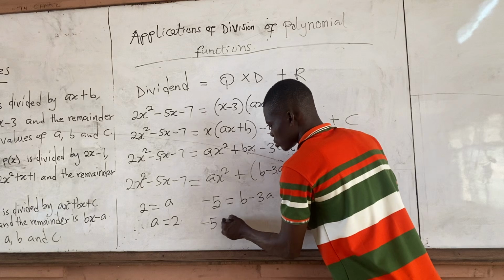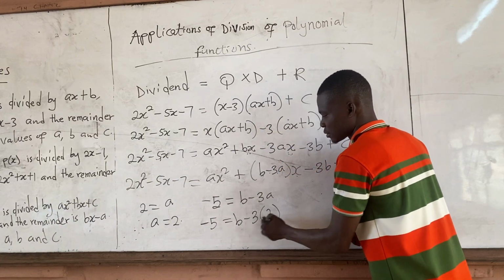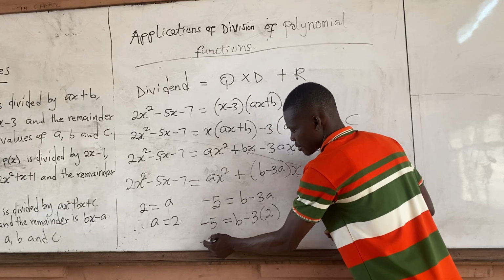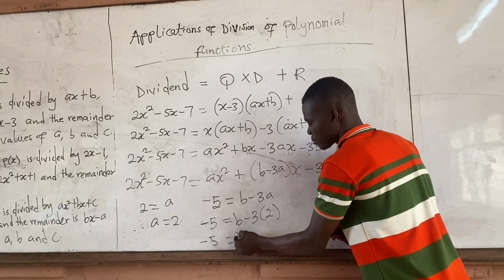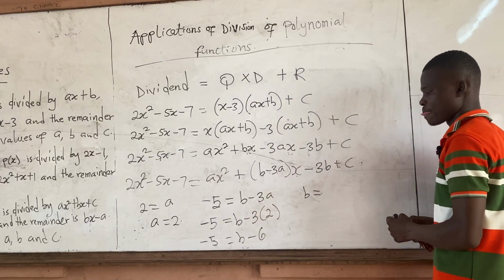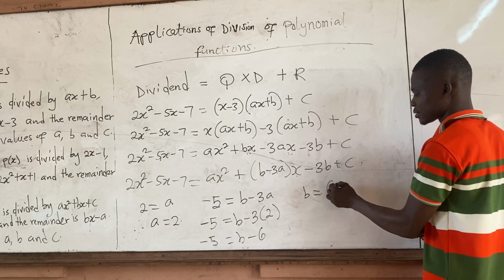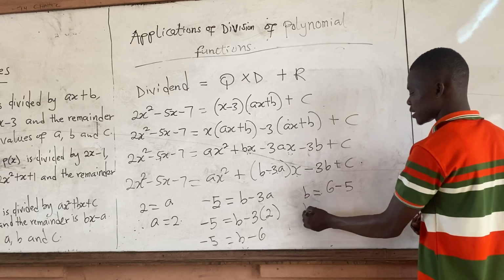Minus 5 is equal to b minus 3 times 2. Minus 3 times 2 is minus 6. So b is equal to 6 minus 5. So b is equal to 1.